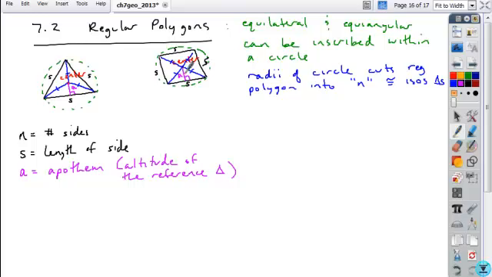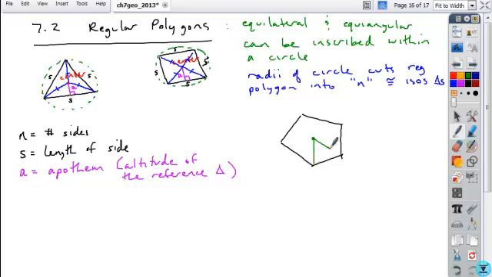Now for equilateral triangles and squares, it looks a little odd because you have other ways to manipulate those problems. But once we get into some of the other figures, like a regular pentagon, it's a little more clear what that's representing.